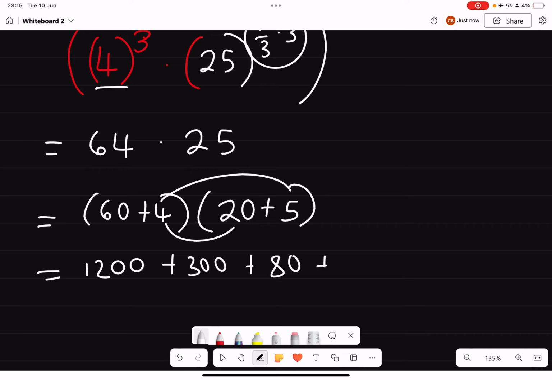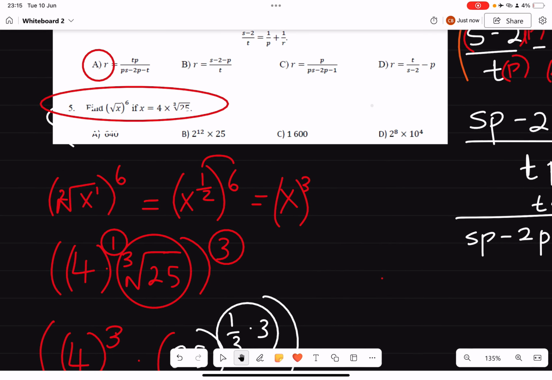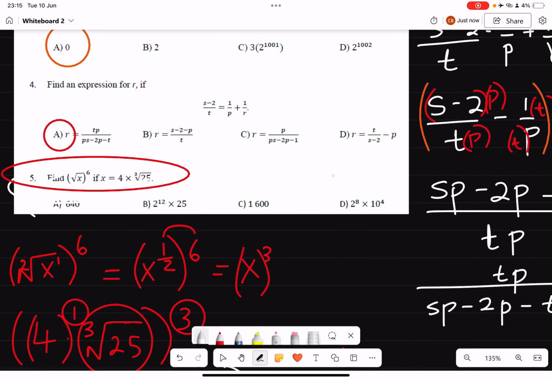Plus 4 times 5, which is 20. Then we can see that 20 plus 80 is 100. 300 plus 100 is 400, and 1,200 plus 400 is 1,600. Which is our final answer, which is going to be which option? That is option C.